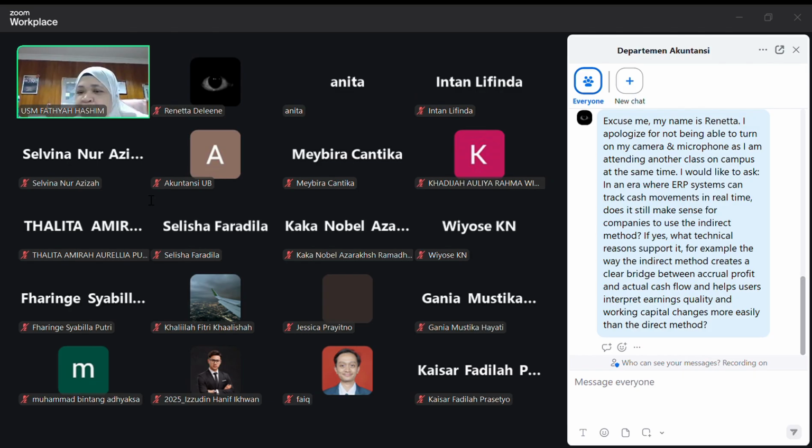I think I can try to answer. Yes, with the help of technology, almost immediately now with all the apps, we can know the exact items. So direct is acceptable, but according to IAS 7, companies still need to prepare the indirect approach in the notes to the accounts if they choose to use the direct method.